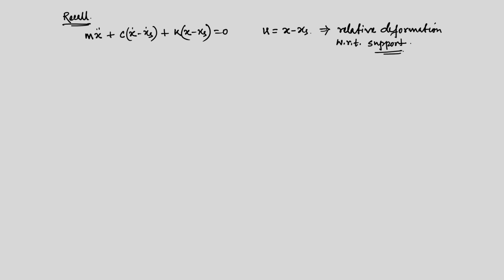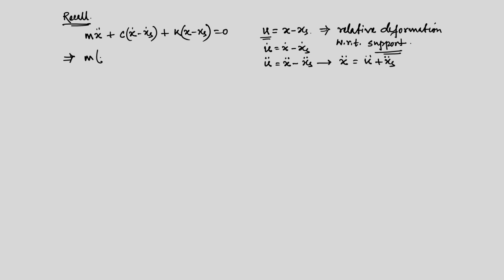In this case the mass moves by an amount of u of t, right. So, then u dot is equal to x dot minus x s dot. If I write down u double dot, it will be x double dot minus x s double dot. So, obviously it gives you x double dot is equal to u double dot plus x s double dot.